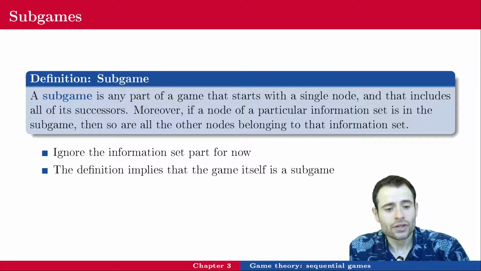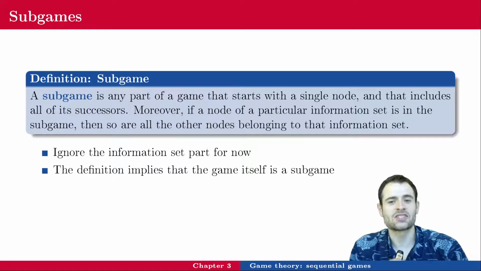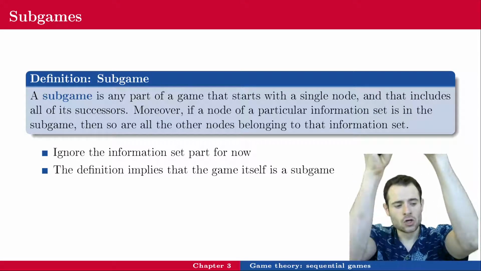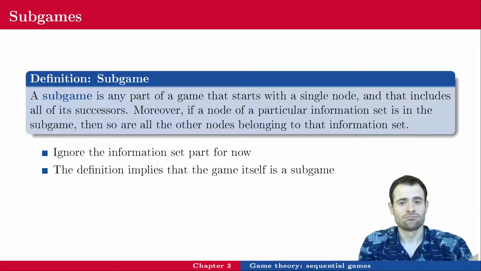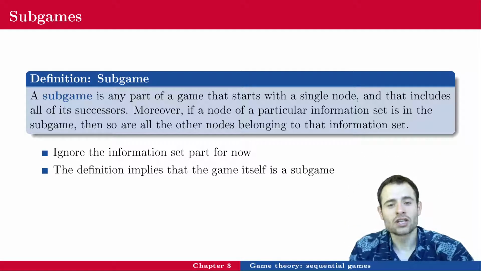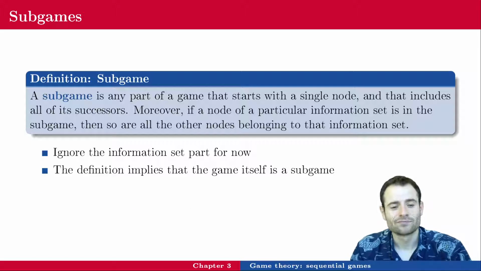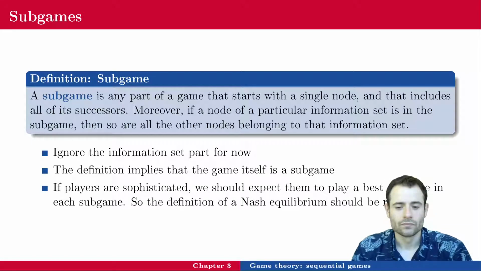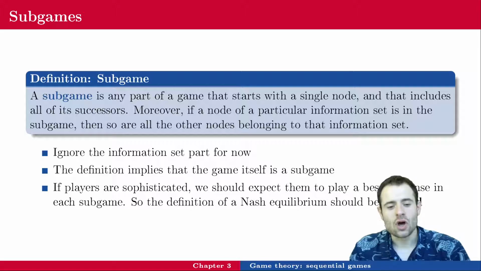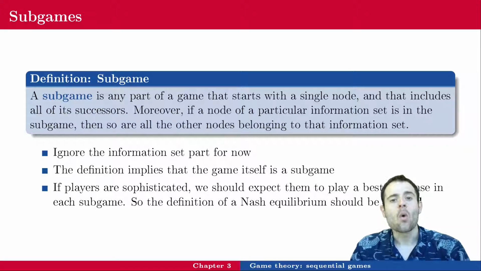First of all, the definition implies that the game itself is a subgame, because I can start at the first node and include everything else. That fits the definition of a subgame. Now, if players are sophisticated, we should expect them to play a best response in each subgame. So whenever it is their time to play, they will play a best response.